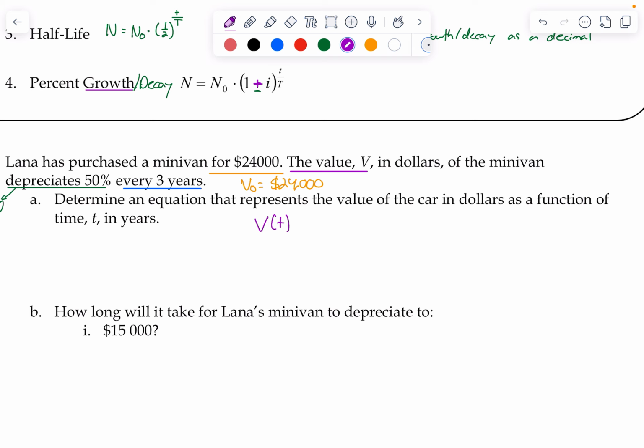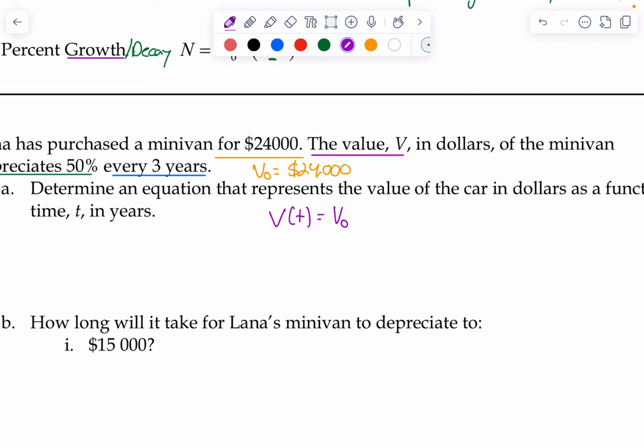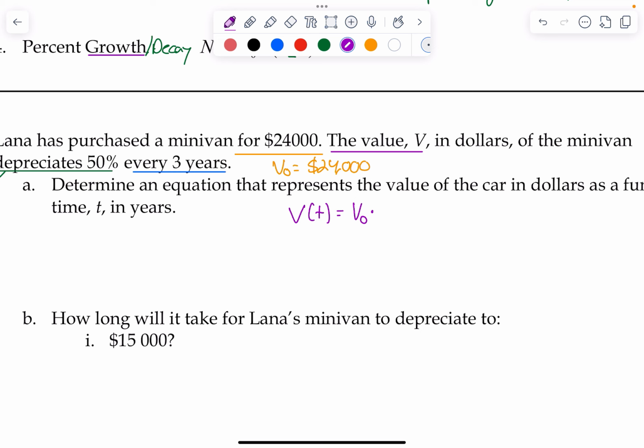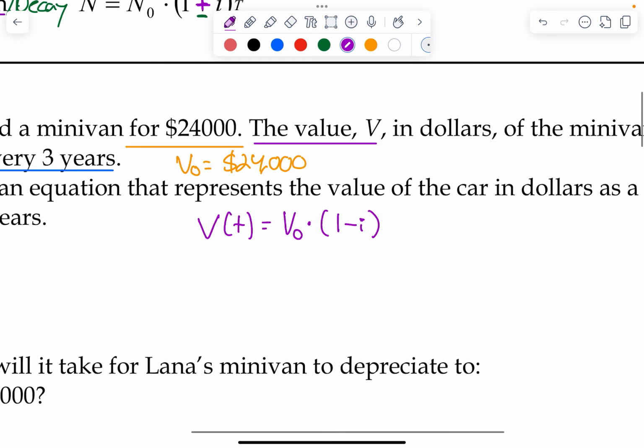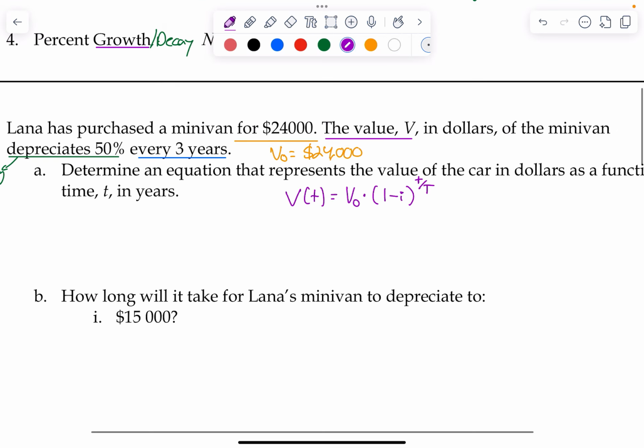So let's fill in our blanks. We have V of t. Let's just start with writing the general out, V naught. This is a decaying problem, so it's going to be 1 minus the interest rate. And then you're going to have some time that's elapsing, and then how often does this interest rate get applied? So we're creating the V of t equation. We were given an amount of $24,000.